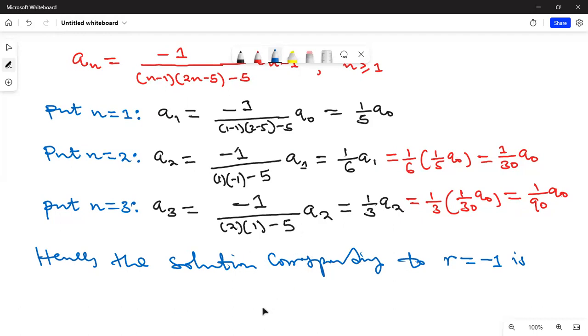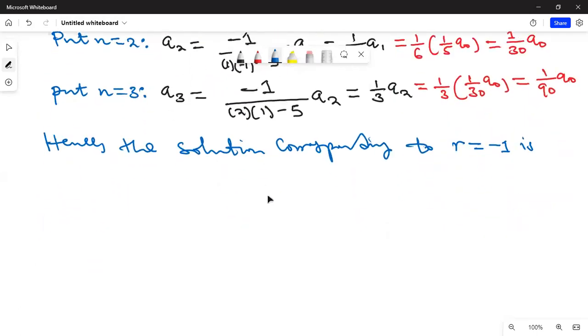So you will say here that y1 is equals to, mean y for the case 1, is equals to the sum from n is equals to 0 to infinity of an x raised to n plus r.